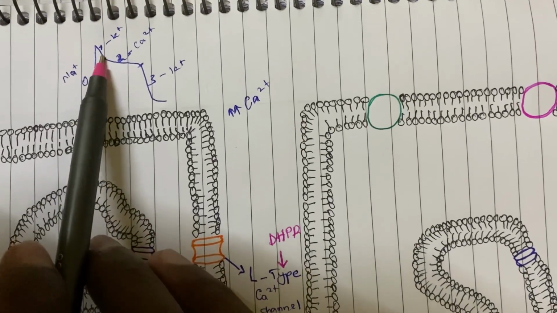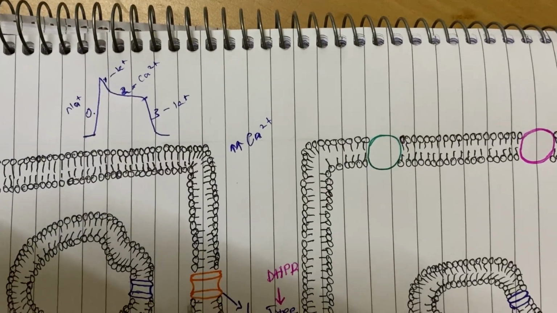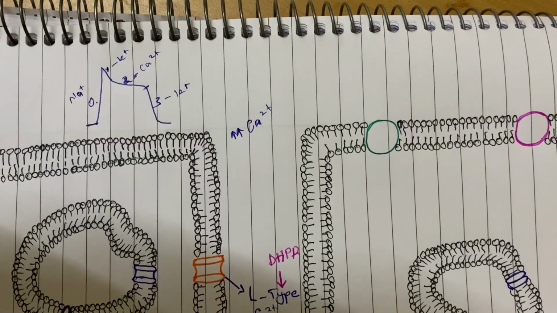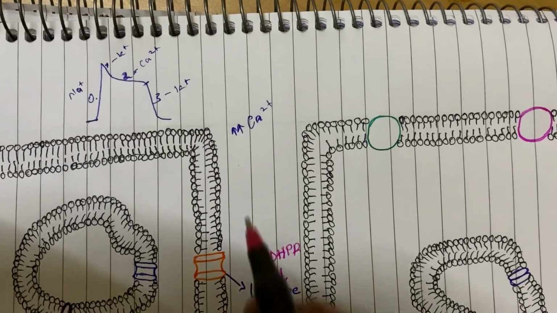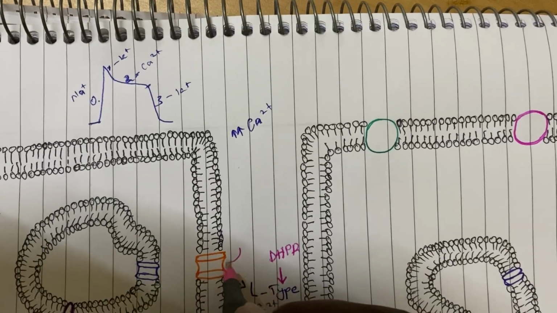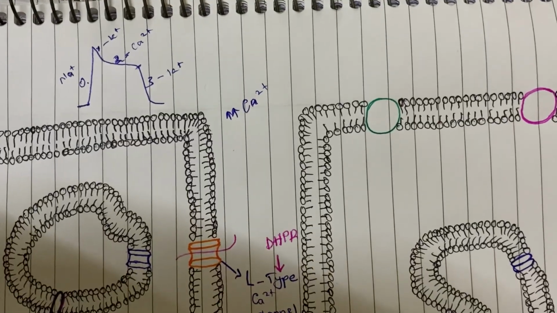Whenever voltage reaches a certain point here or here, the slow type calcium channels start opening. And whenever they open, what happens? Calcium, since it's in high concentration here, enters inside. It enters inside.